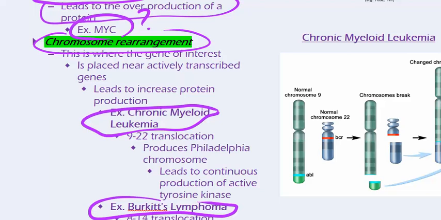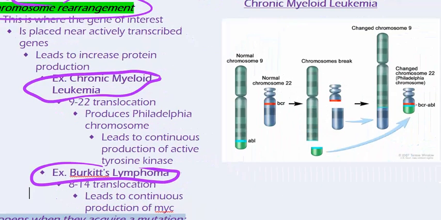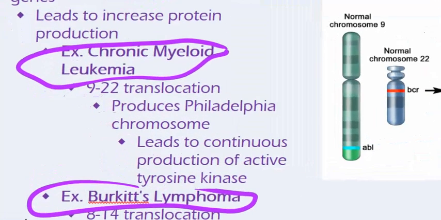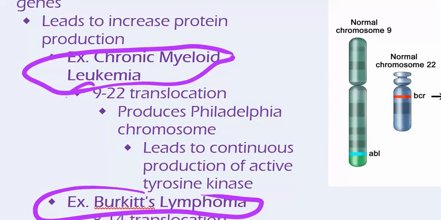So what is the net effect? The gene that wasn't normally being transcribed a lot is now actively transcribed. Does that make sense?